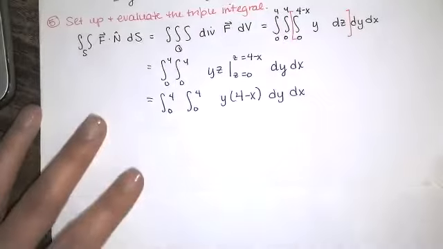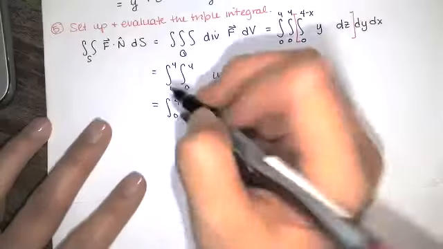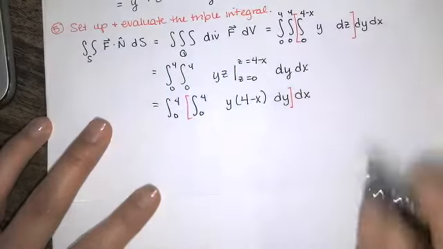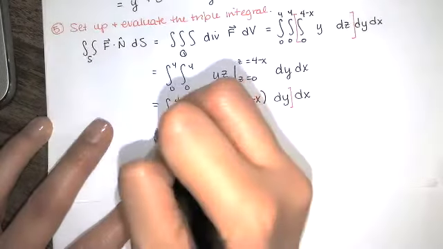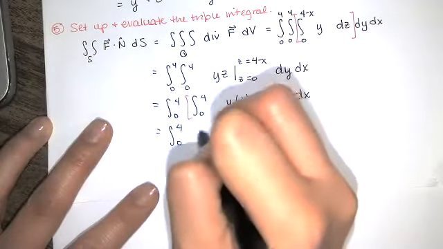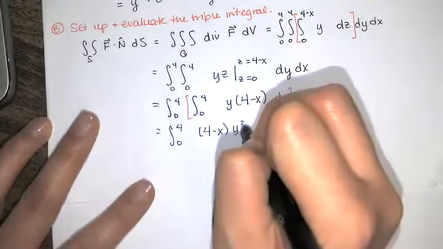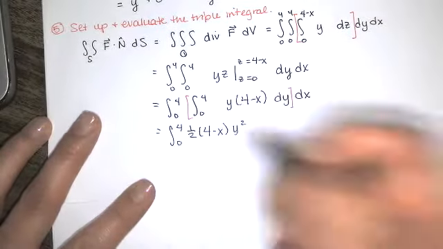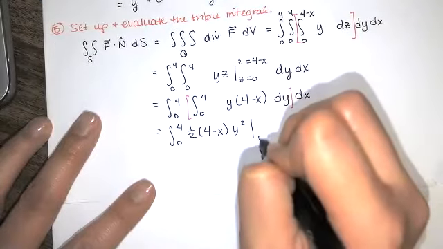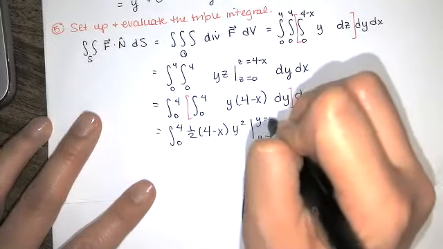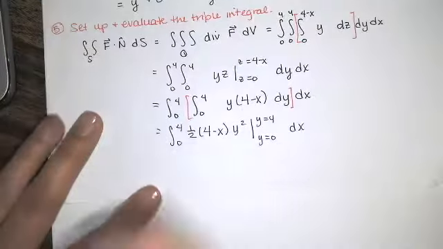Okay, and at z equals 0, we just get 0, so I didn't write it down. Now we anti-differentiate with respect to y. 4 minus x is constant with respect to y, so you can bring that down. Antiderivative of y with respect to y: add 1 to the exponent, divide by the new exponent. Substitute in y equals 0 and y equals 4 and subtract by the fundamental theorem.